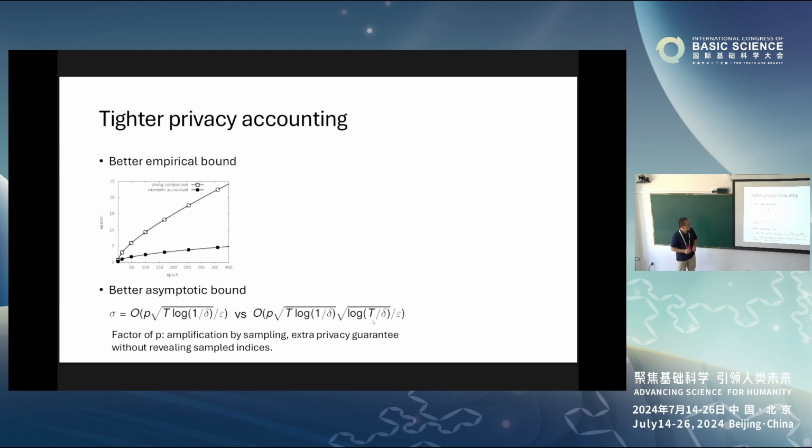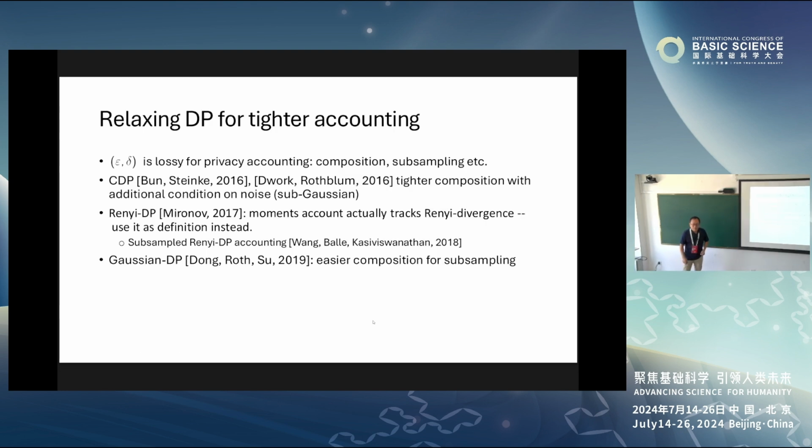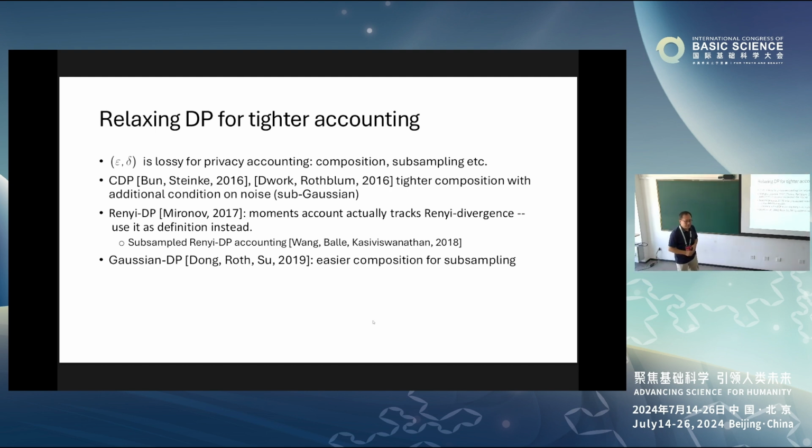So basically I think two ideas: one is to keep track of moments, taking advantage of the particular noise we add to the answer; the other idea is to use a numerical method to compute the privacy loss. I think both of those ideas have been extended or generalized by many people here. I just mentioned a few.